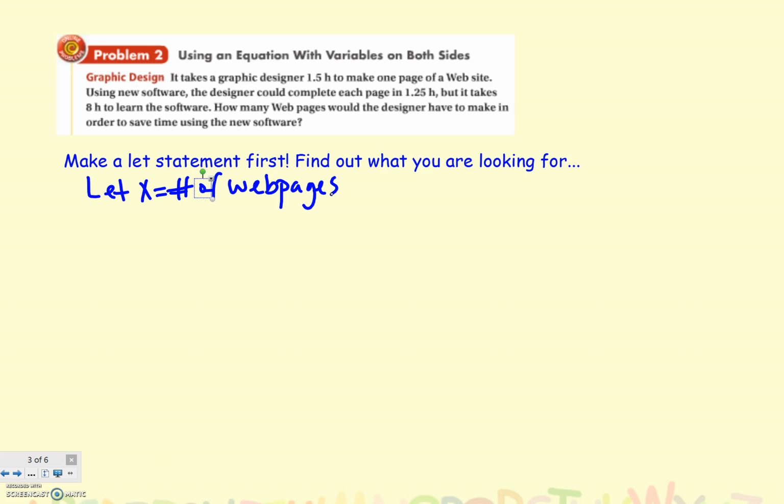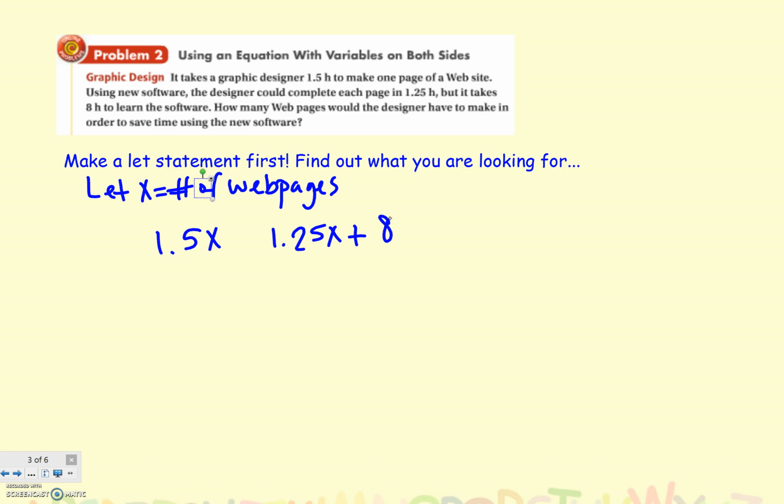So let's see, it takes him an hour and a half to make one page of a website right now. So for every page, it takes him 1.5 hours. If he were to get the new software, it would take him 1.25 hours per page, but he has to include those 8 hours that it's going to take to learn the software.